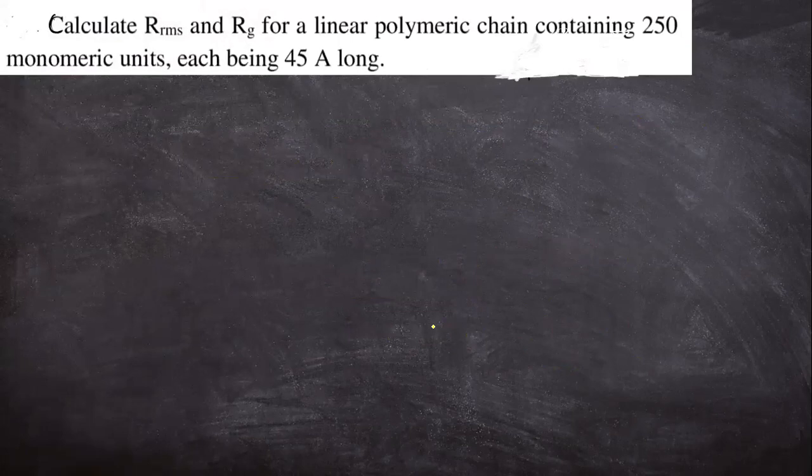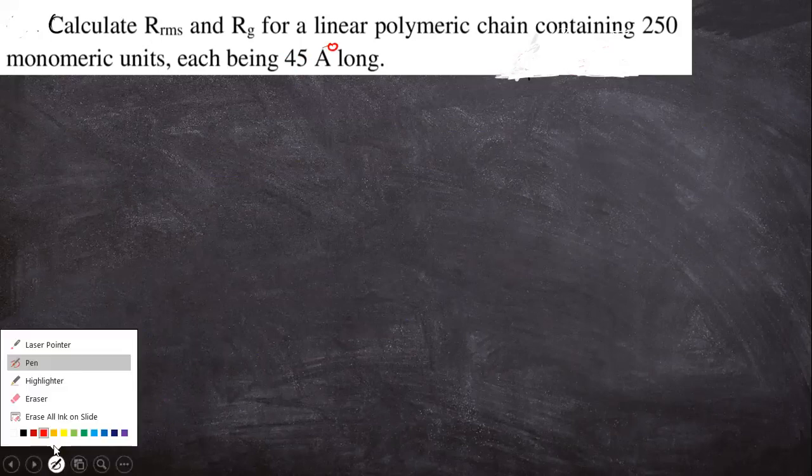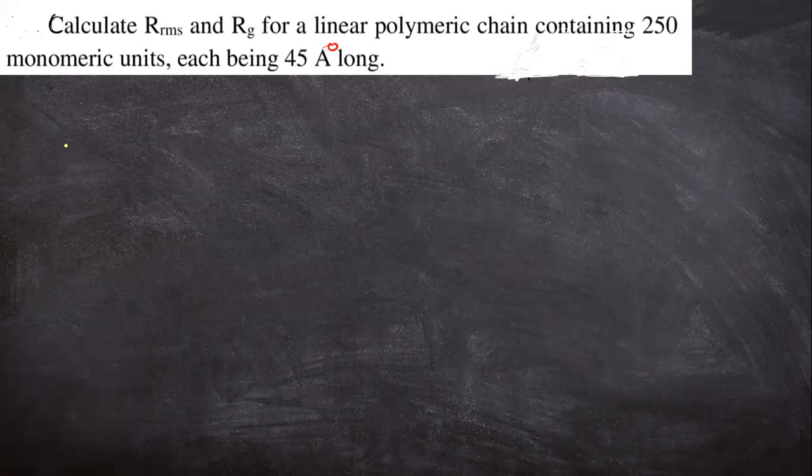Calculate Rn again. We have already done a similar question earlier. Calculate RMS and Rg for a linear polymer chain containing 250 monomeric units, each being 45 angstrom long. Try to solve it, guys. Root mean square radius is equal to, what's the formula?